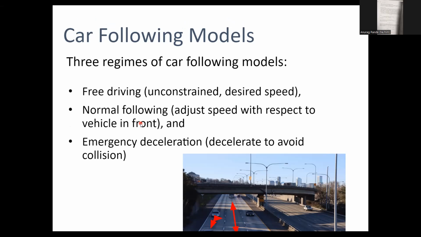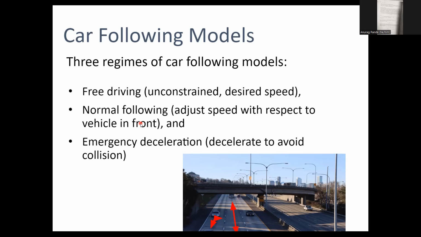Okay, normal following, which is when you're close to the leader. So now you have to make sure that you are accelerating or decelerating in accordance with the leader. And then the emergency deceleration regime is basically when your gap is too close between the leader and the follower. And now the follower has to take an action to avoid collision.